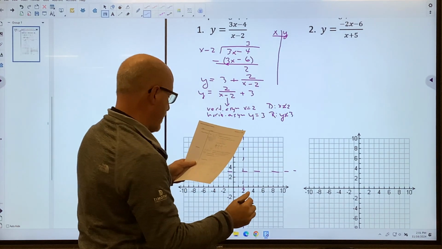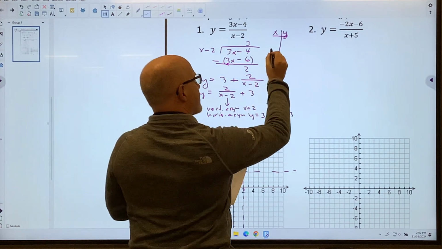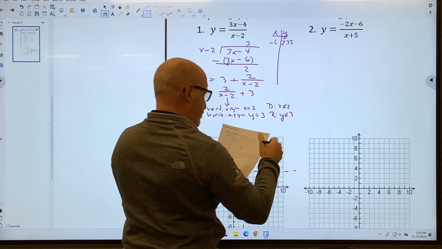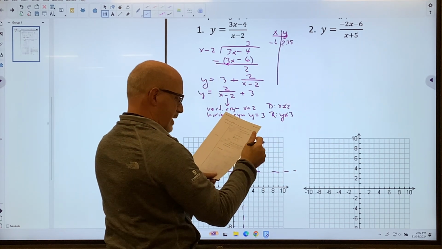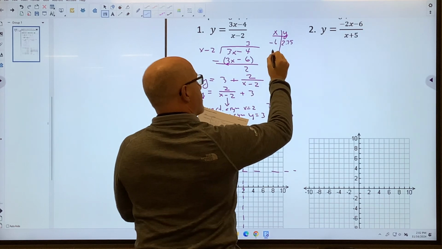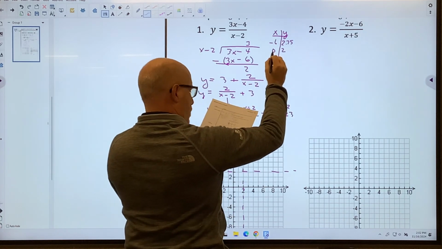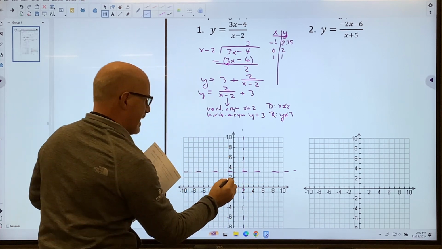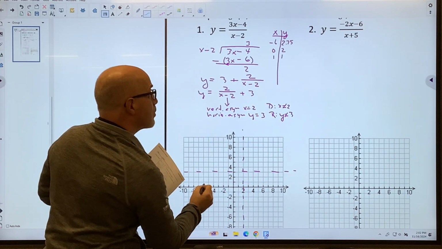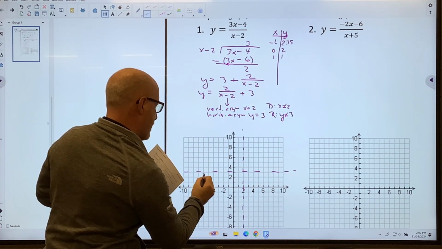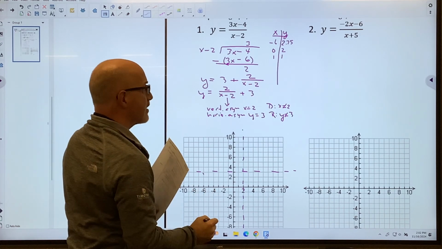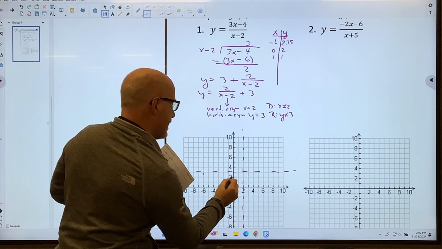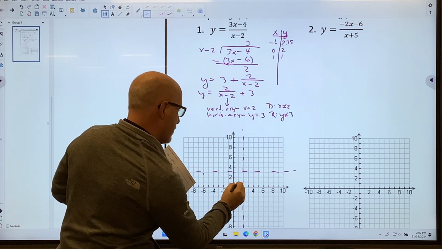What I came up with is -6 goes with 2.75, 0 goes with 2, and 1 goes with 1. So let's plot those points here. -6 goes with 2.75, so right about there, getting close to that asymptote. 0 went with 2, so it comes in and goes through 2.